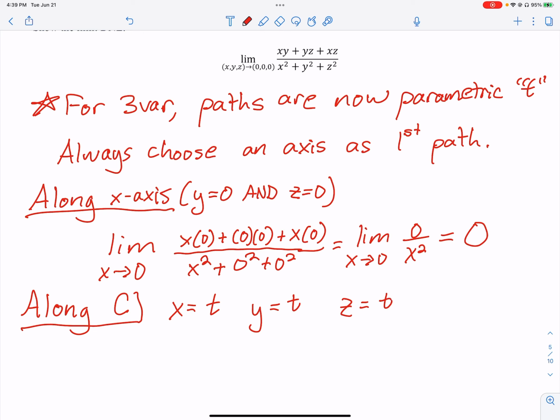Well, I would get t squared plus t squared plus t squared, so some form of t squared. Up here, I'd get t squared, t squared, t squared. This would just be 3t squared. We'd get the same thing on the bottom. You can see the t squareds are going to cancel. Now we just got to show it. I always start there.